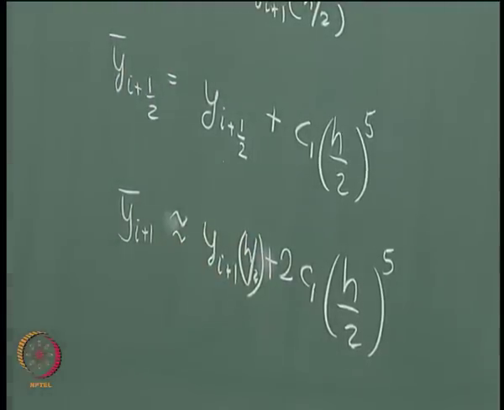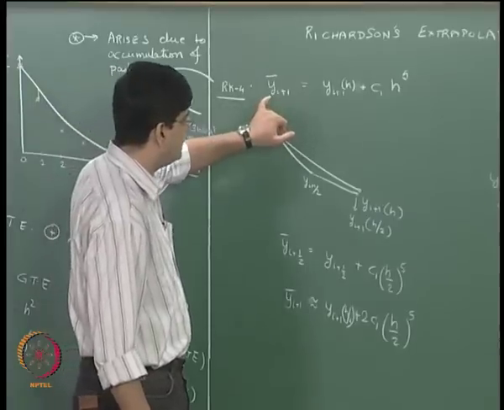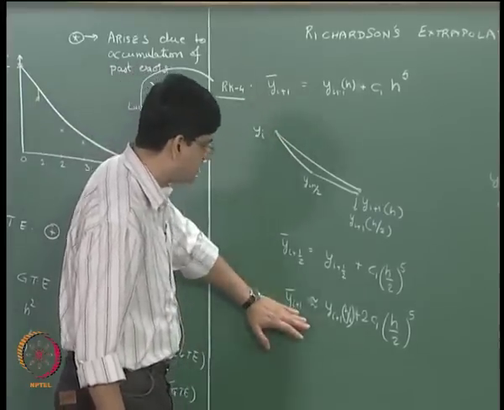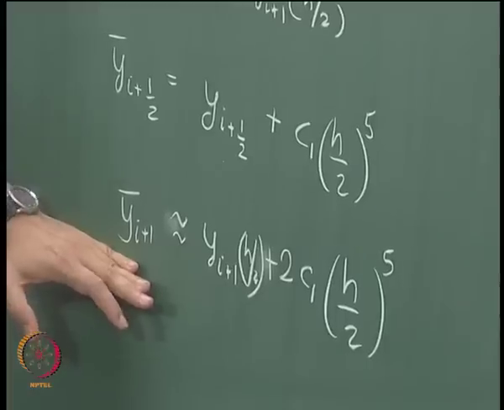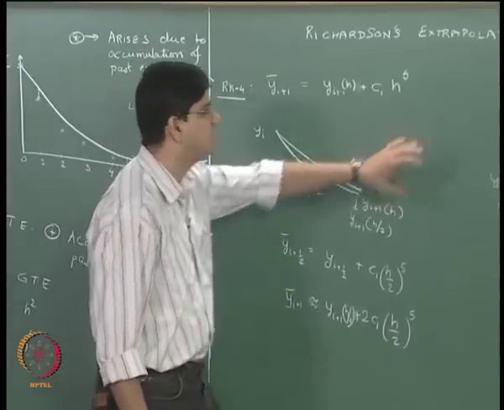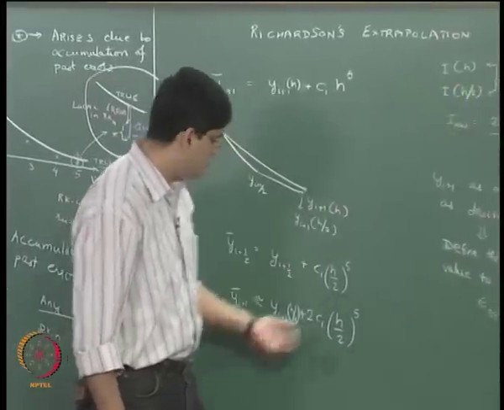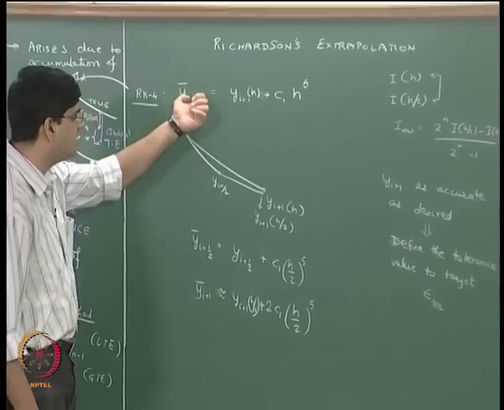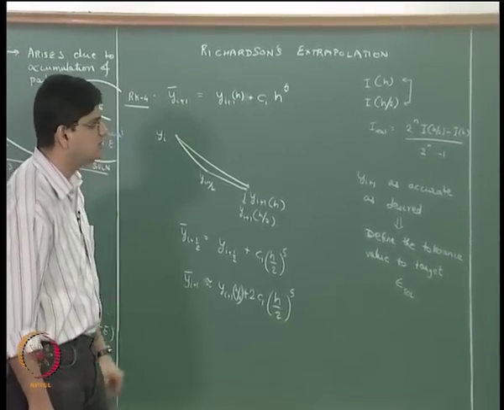And because it is computed by taking 2 steps, I will put in the bracket h by 2. Okay. As we had done before, we will multiply this particular equation by 2 to the power 4, not 2 to the power 5 but 2 to the power 4, just as we had done in the integration method, and then subtract this equation from this equation.